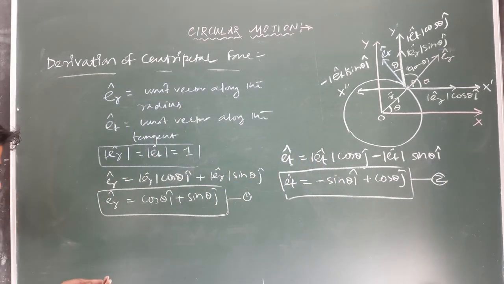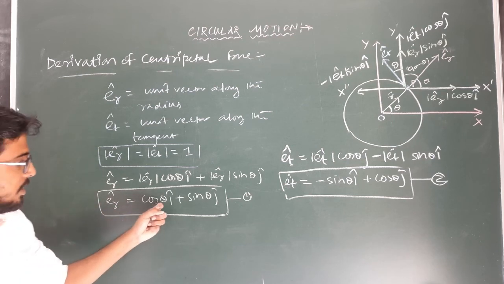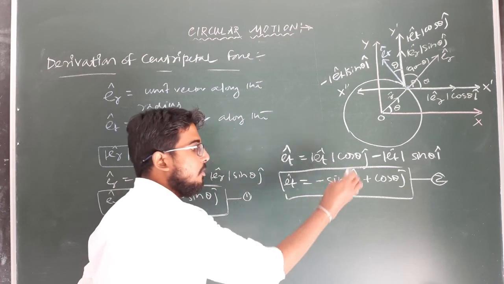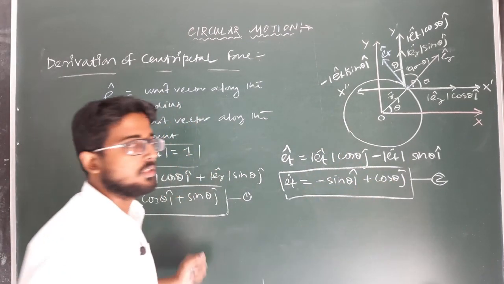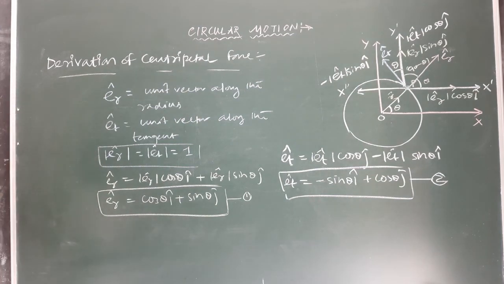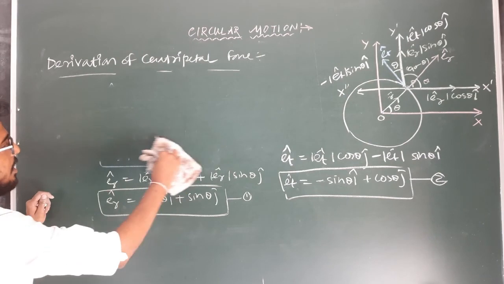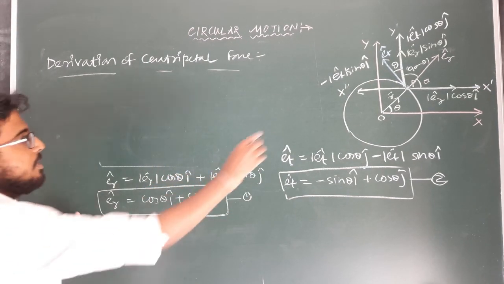Okay, so the unit vector along the radius or radial vector is cos theta i cap plus sin theta j cap, and the unit vector which is tangent to the point, or tangential to the circular path, is given as minus sin theta i cap plus cos theta j cap. Okay. So now the radial vector at that instant is given as how much?